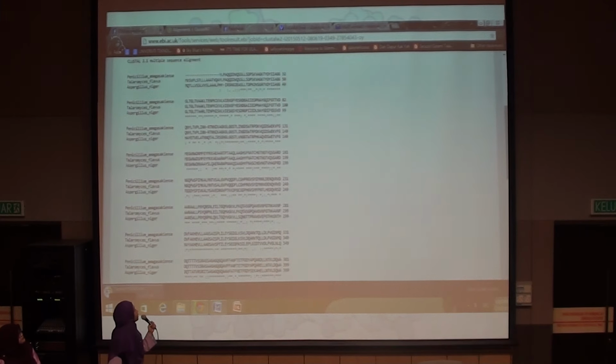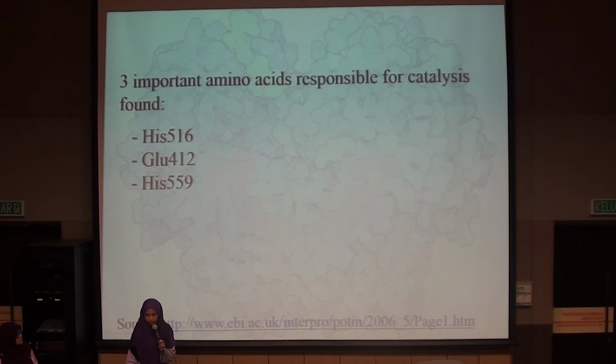What we should get here is the comparison of the amino acid sequences between those three organisms. The positions labeled with a star represent similarities, so those are likely to be the binding sites and can also be the active sites of glucose oxidase.